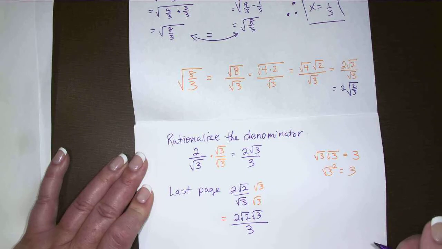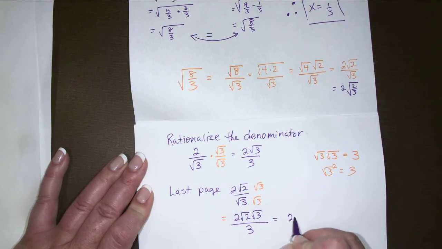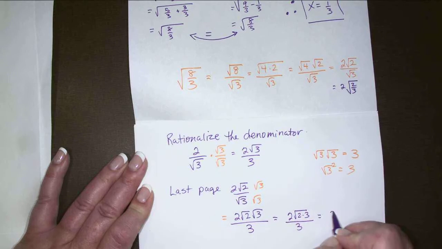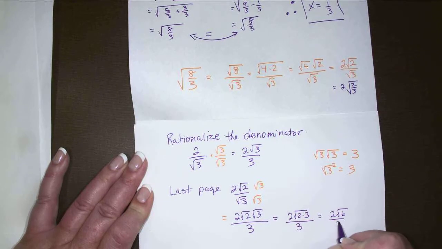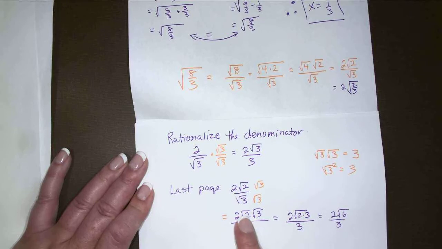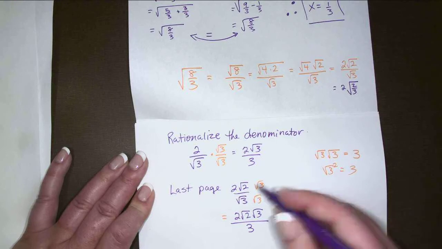How do you write it? Yeah, as one single radical. 2 times 3 is 6. Root 6 can't break down because it was just a 2 and a 3. There's nothing that we know the root of. So this would be the same answer.